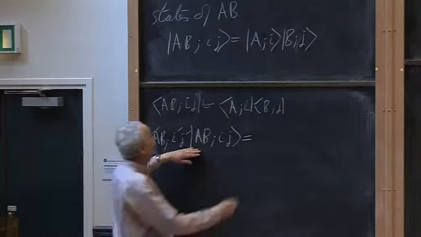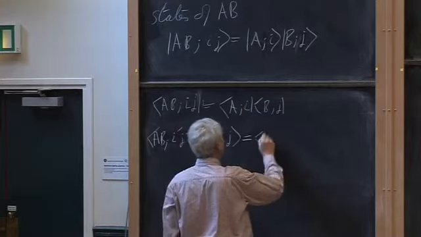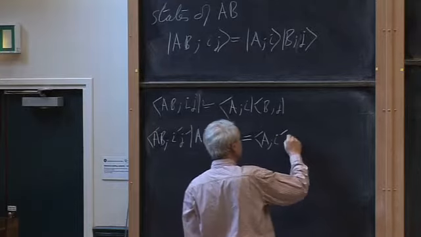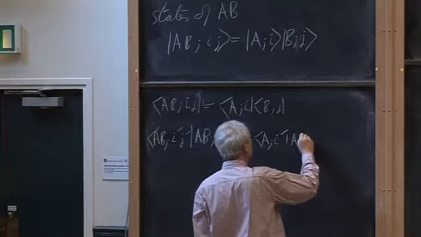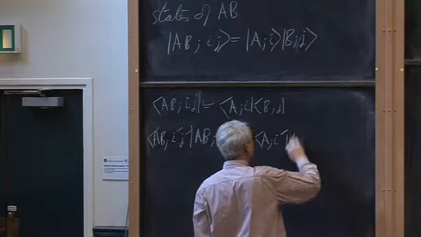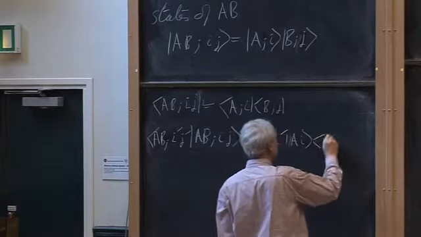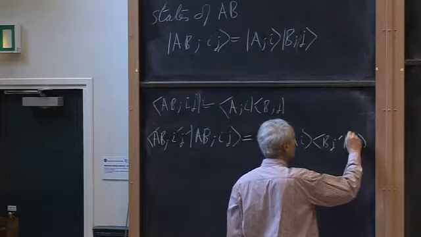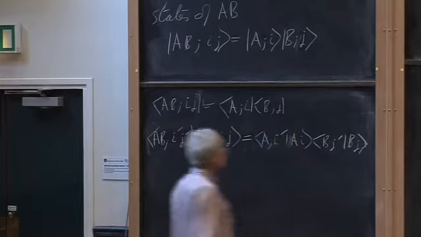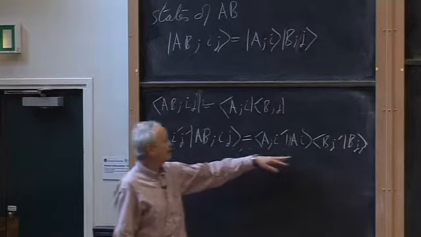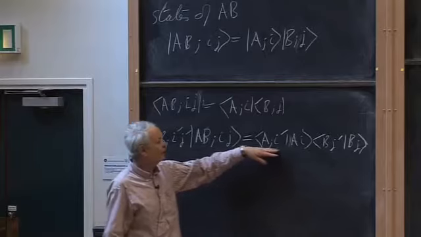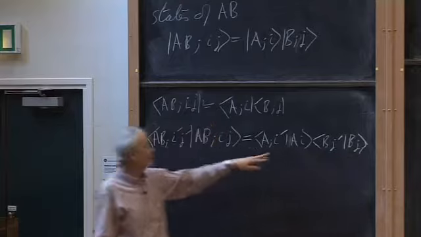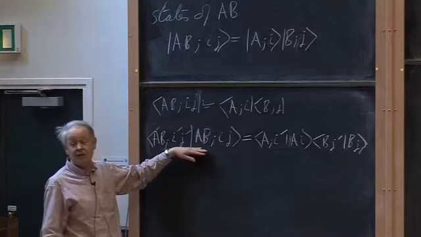The complex number it is this complex number, A, I primed, A, I, times B, J primed, B, J. So what I've written on the right is completely well defined, because this is a complex number and this is a complex number, and we can multiply complex numbers, and we get a complex number which gives meaning to this on the left.